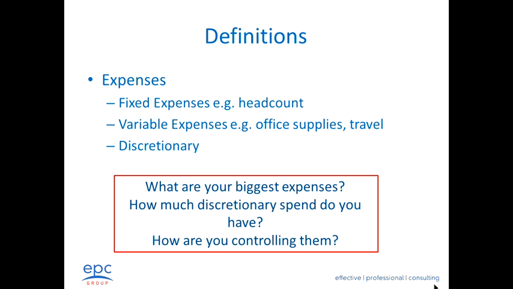Let's talk about fixed expenses. So fixed expenses, and I put down here headcount because in most businesses that can be a fixed expense. It's not as variable unless you do have a lot of flexible, permanent, part-time employees. So when you're thinking about your fixed expenses and what you can do about that, you want to be thinking about, okay, what can I compare it against?